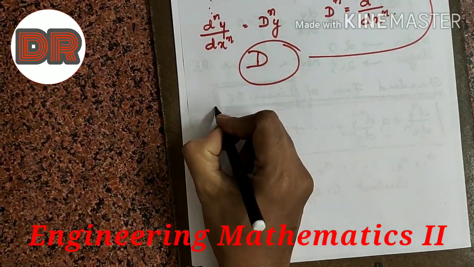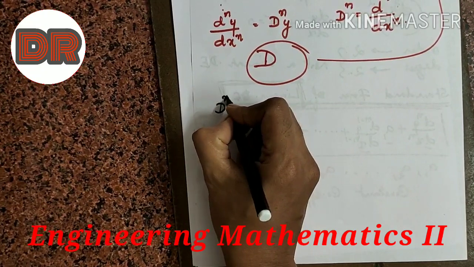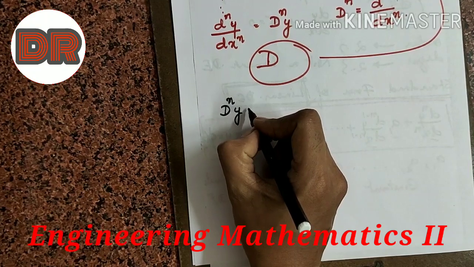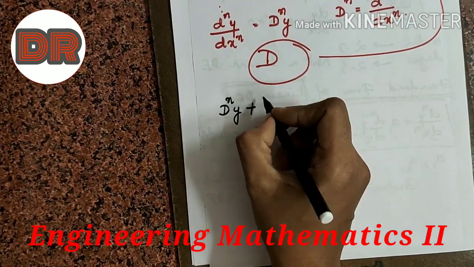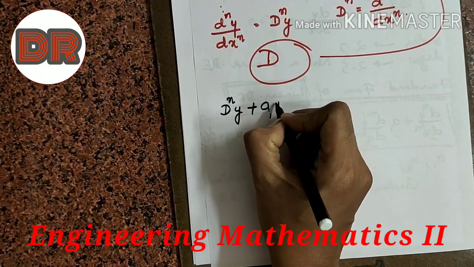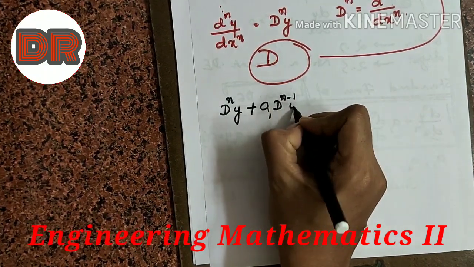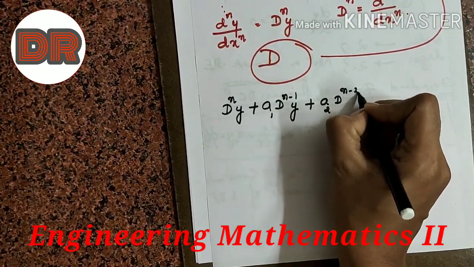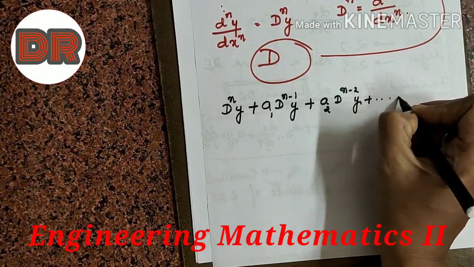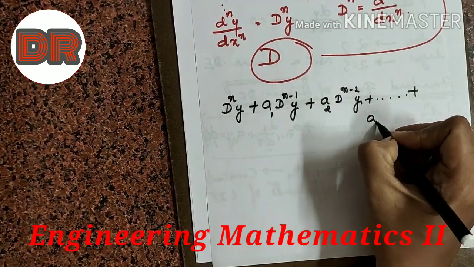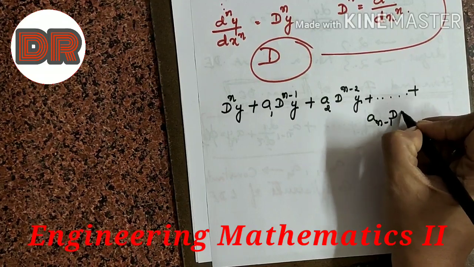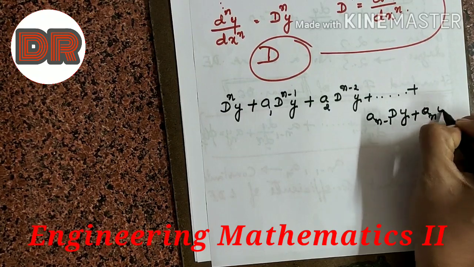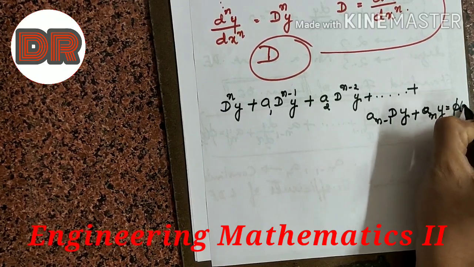I can write the standard equation, which we wrote previously, as D^n y plus a1 D^(n-1) y plus a2 D^(n-2) y and so on, up to a(n-1) Dy plus an y is equal to phi of x.